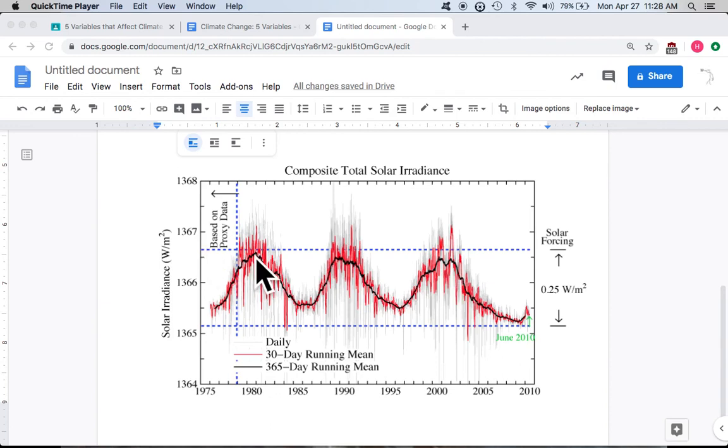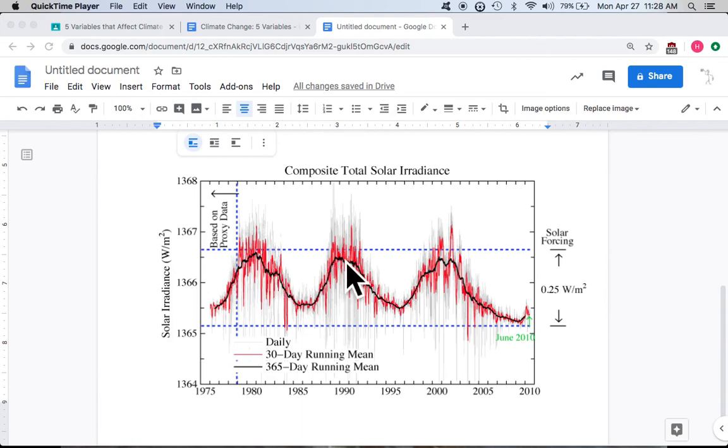The amount of energy that the sun produces generally oscillates over roughly an 11-year cycle. So if we go from 1980 to 1990, that's the distance between these top peaks. It's about 11 years. And then this is about 11 years as well, these dips down in here. So the amount of energy that the sun produces oscillates on a roughly 11-year cycle.